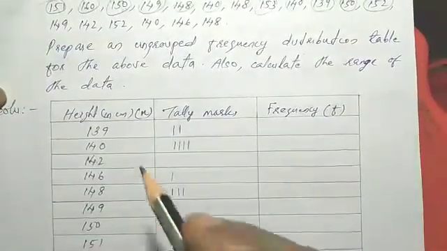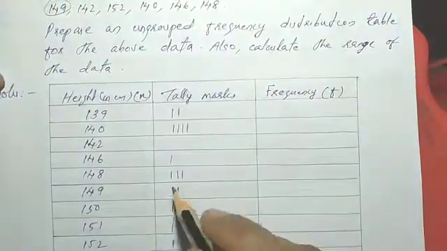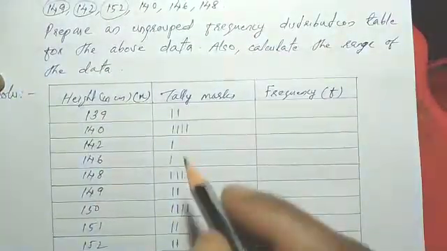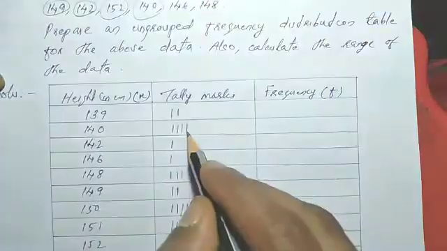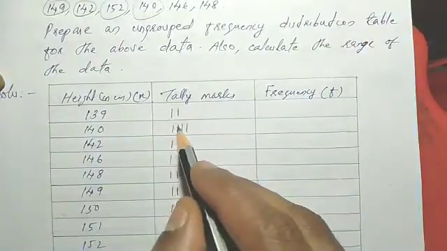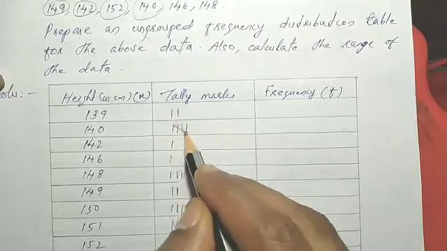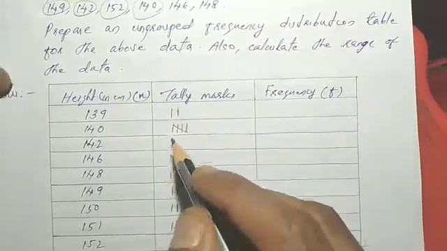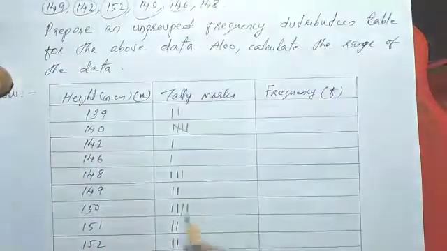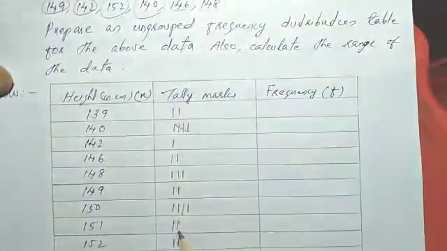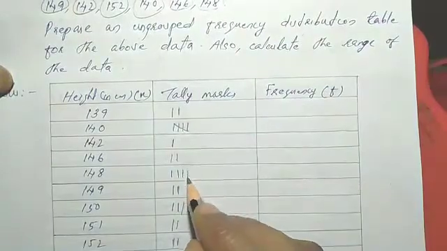Next one 149. 142 is here. 152 is here. 140: already 1, 2, 3, 4 came, so the fifth one we will cut like this. This one is the fifth, number 5. The next one is 146. Next one is 148, it is here.